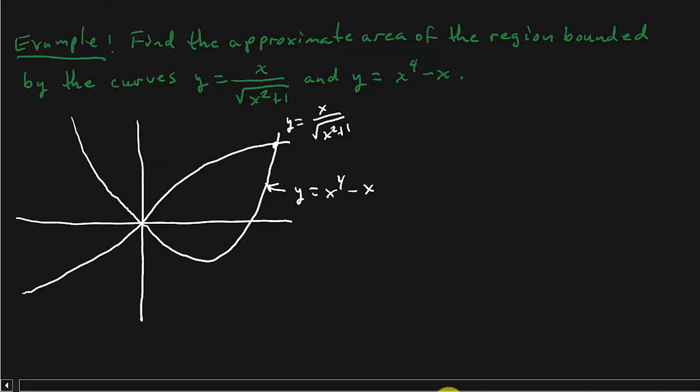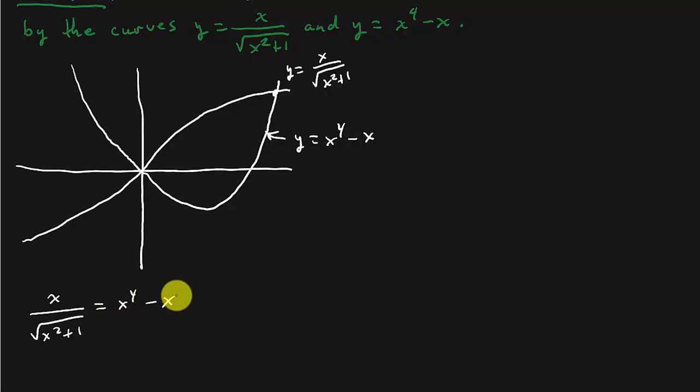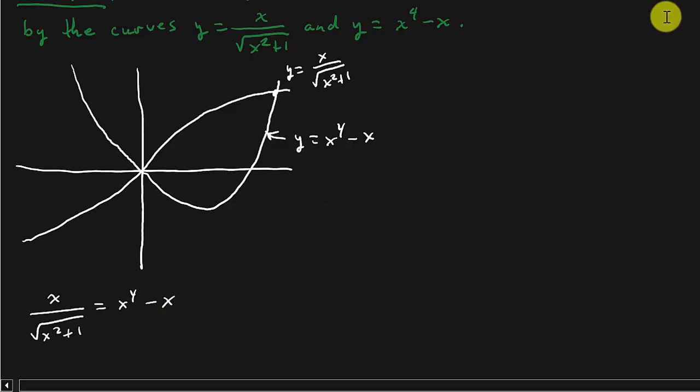Okay, so remember, to find where they intersect, we take them and we set them equal to each other. Now, this is a very complicated problem to solve. You're not going to solve it by hand, okay?